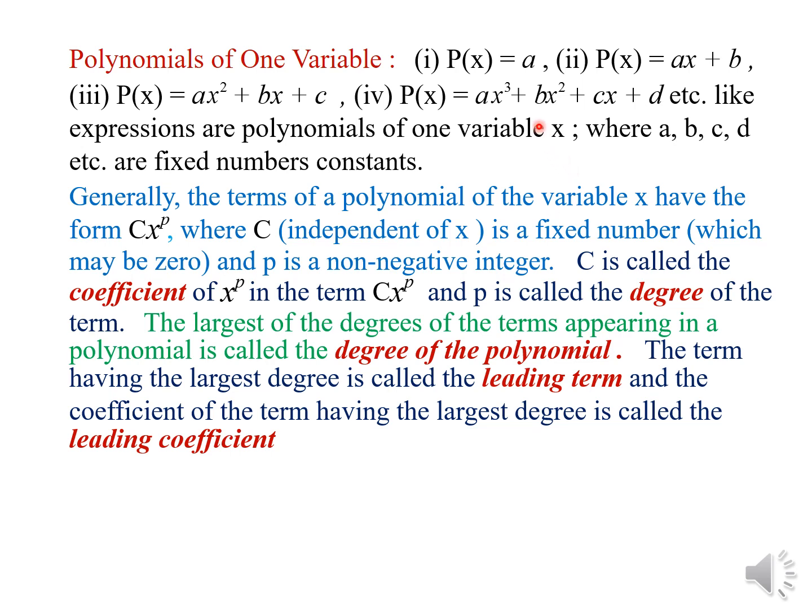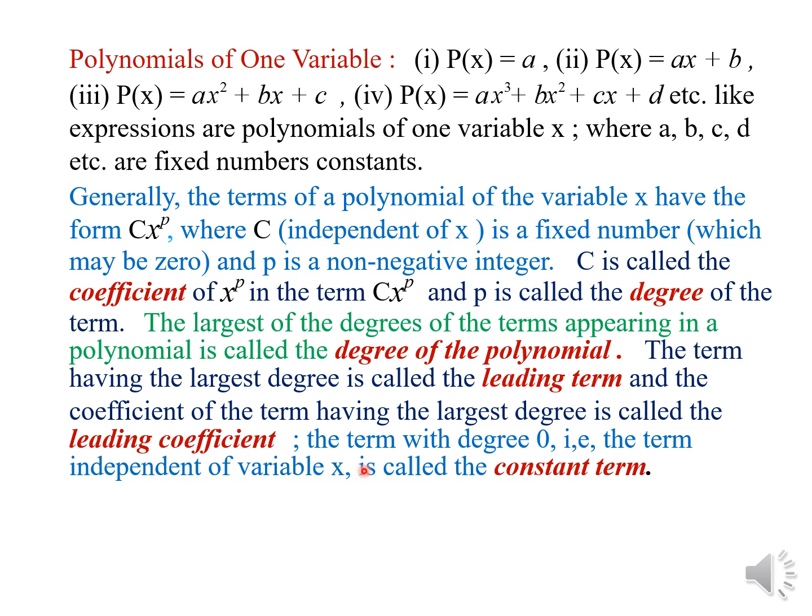Suppose in this example the largest degree is 3, so the leading term is a x cube and the leading coefficient is a. Now the term with degree 0, that is, the term independent of the variable x, is called the constant term. In number 4, you can see that this term is independent of x.